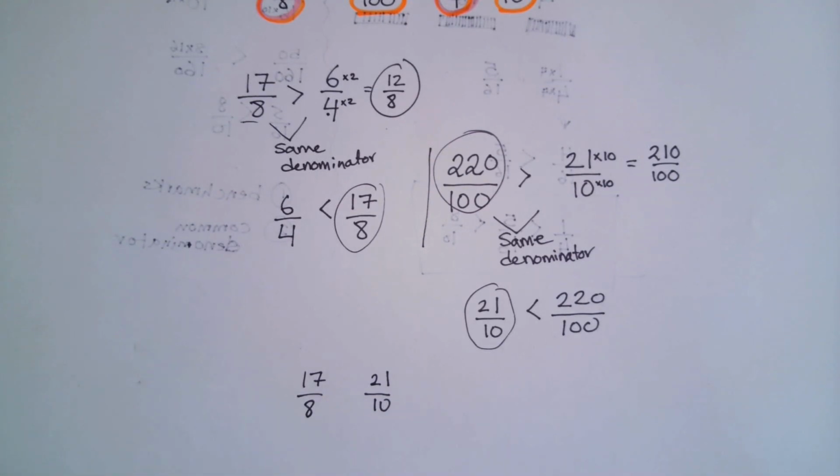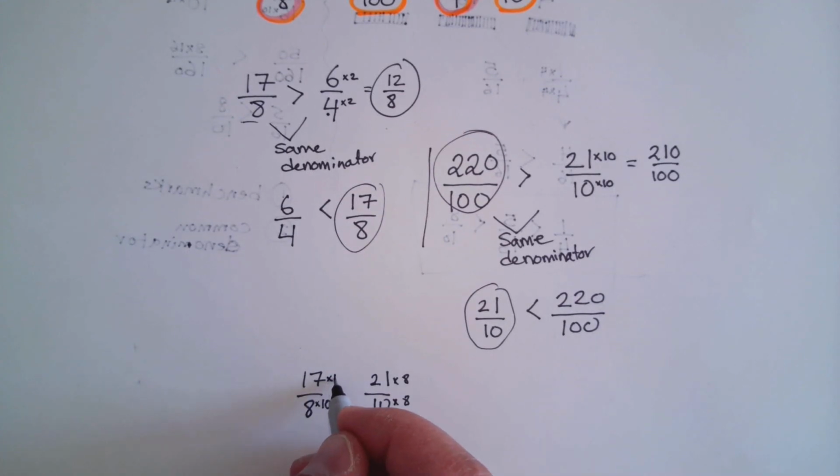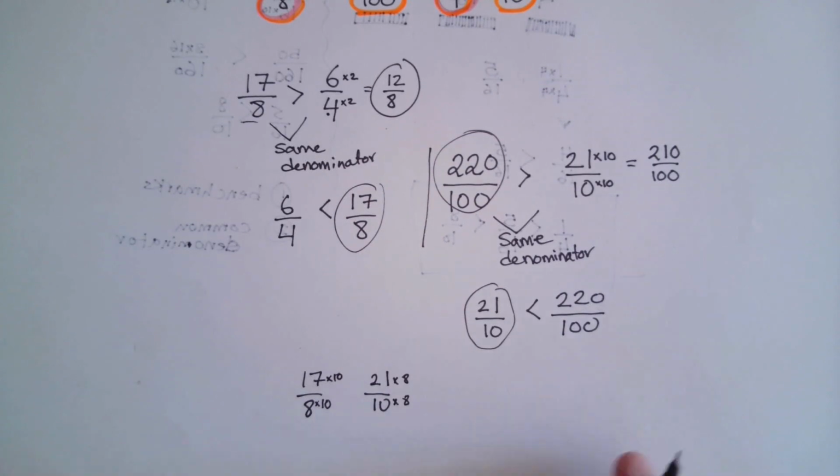So we're not going to use the benchmark strategy because clearly both of them are over a whole, right, fourth graders? So let's then make them the same. So we're going to multiply 8 by 10 and 10 by 8. So this fraction is going to be broken into 10 pieces more, and this fraction is going to be partitioned into 8 pieces more.